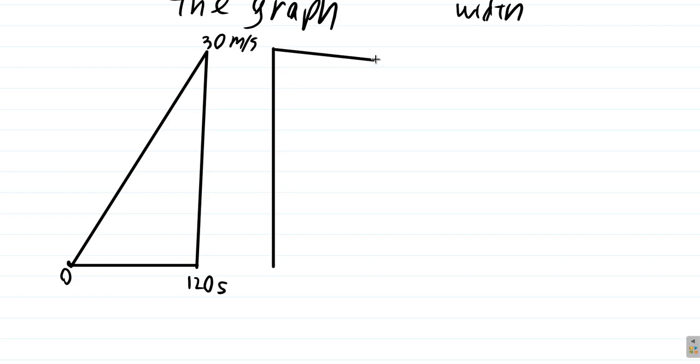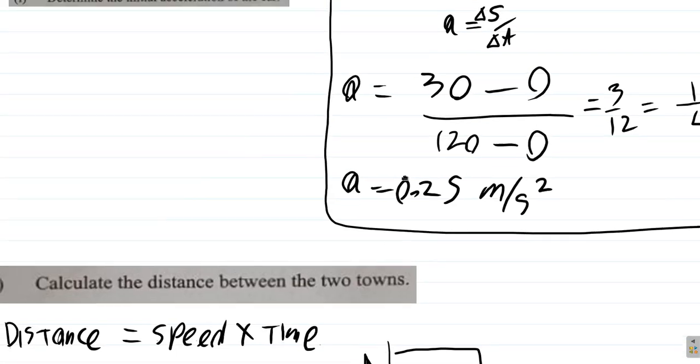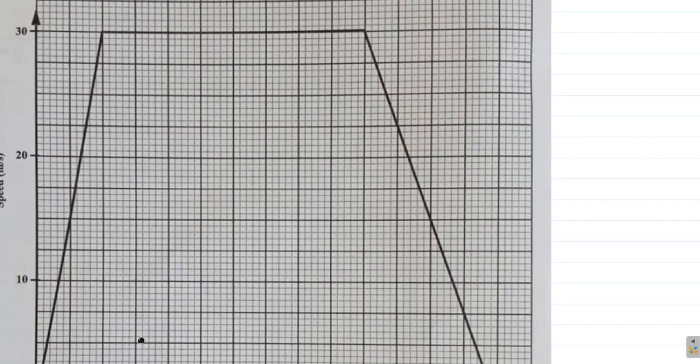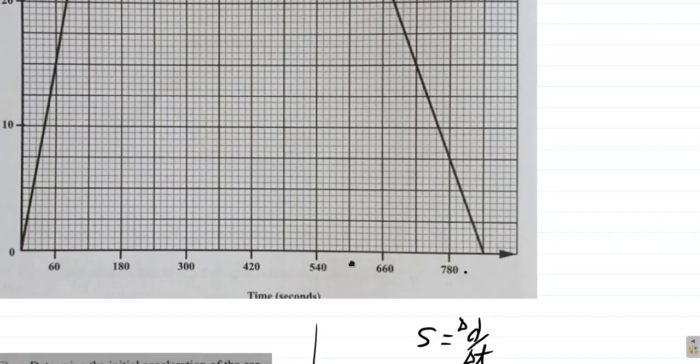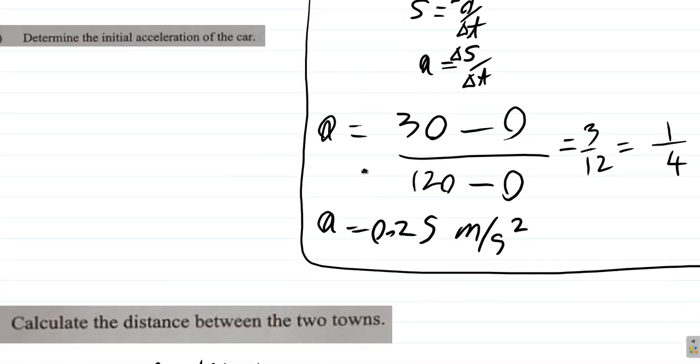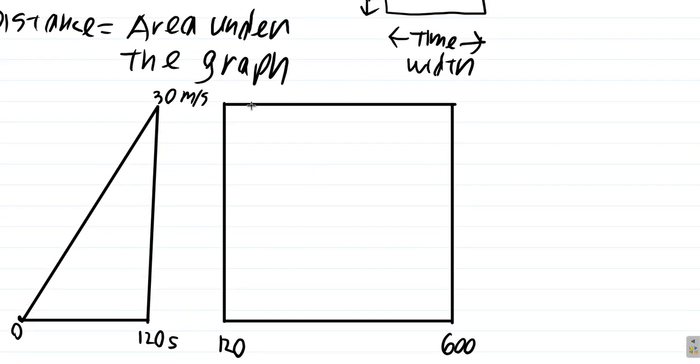Then the middle part of the graph goes from 120 to 600, since each box is 60, and the height is the same, 30.